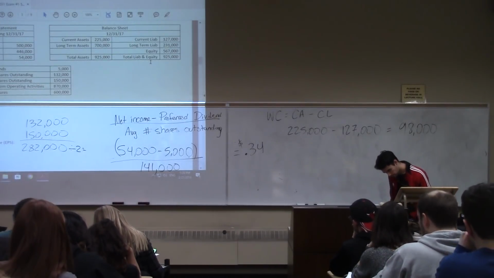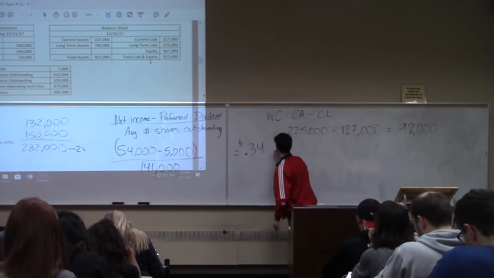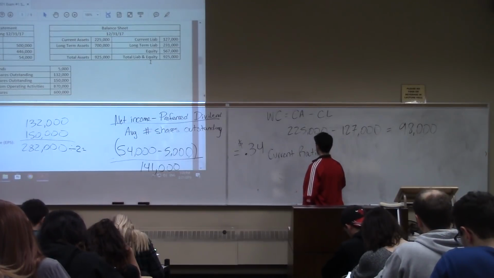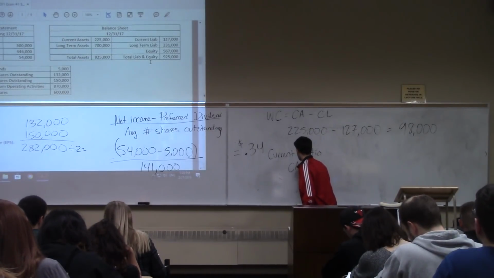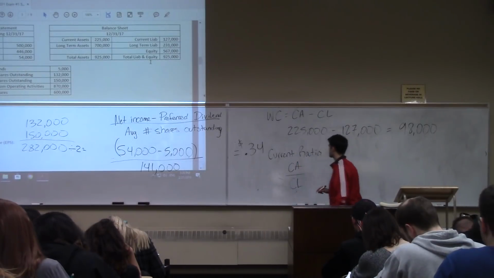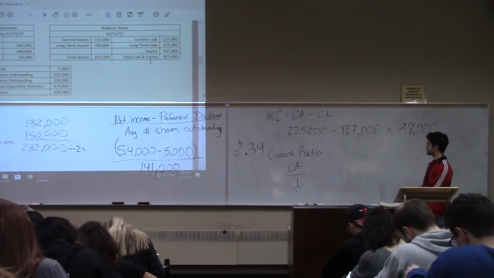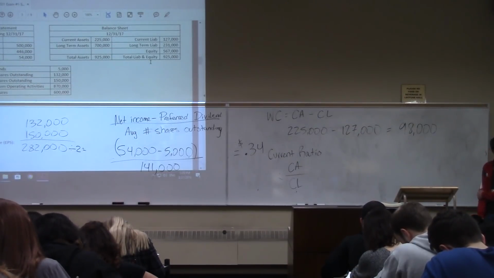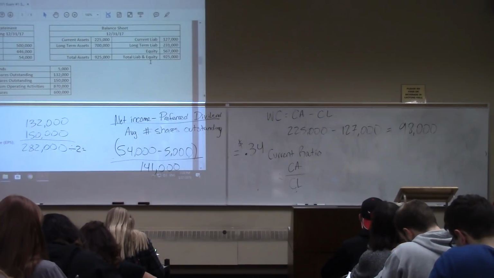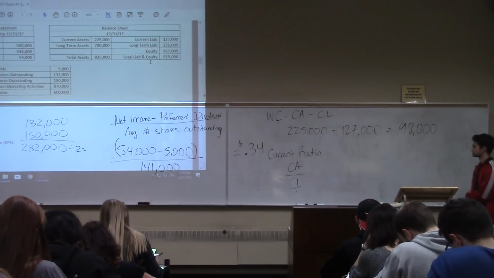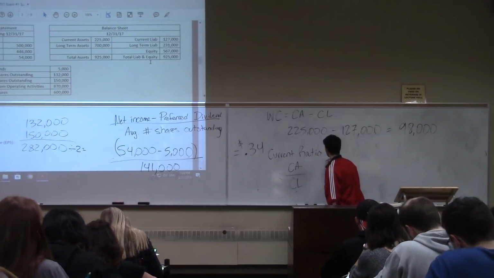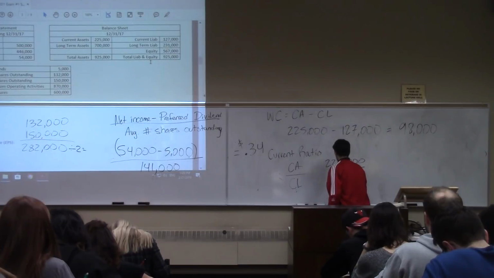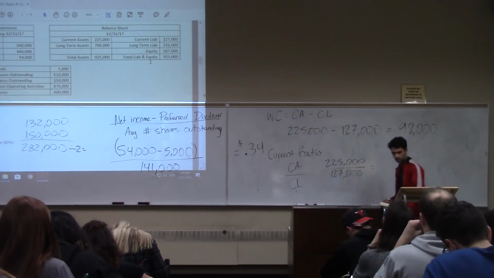And then our current ratio, which is fairly similar, is just current assets divided by current liabilities. So use the same numbers, 225 as our current assets, divided by 127 current liabilities.